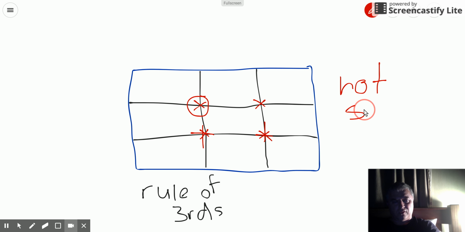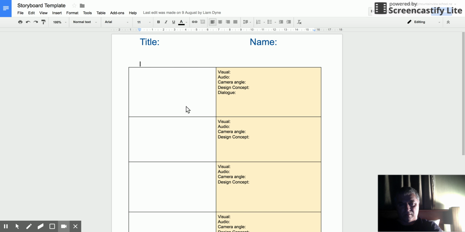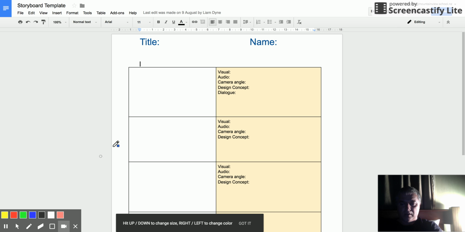Okay, so that's two of the design concepts that you could try to remember when you're drawing your pictures in your scene. So when you're drawing them in here, you are thinking of rule of thirds and hotspots. And we're literally looking at a hotspot there, probably one there, probably one there.